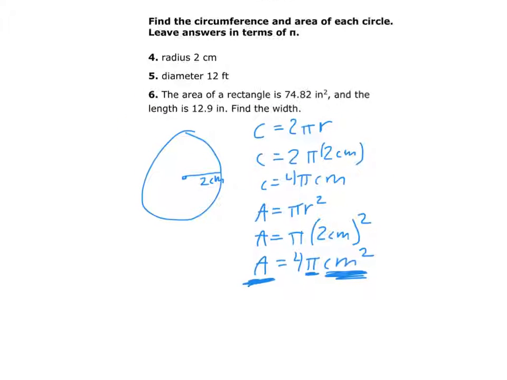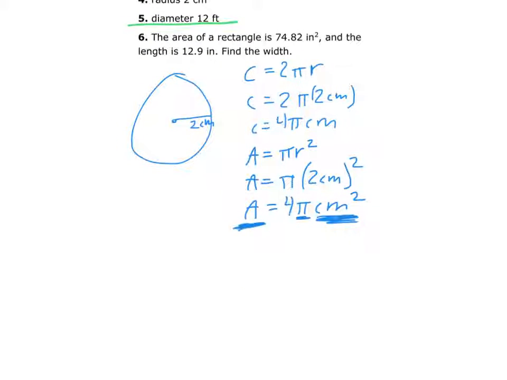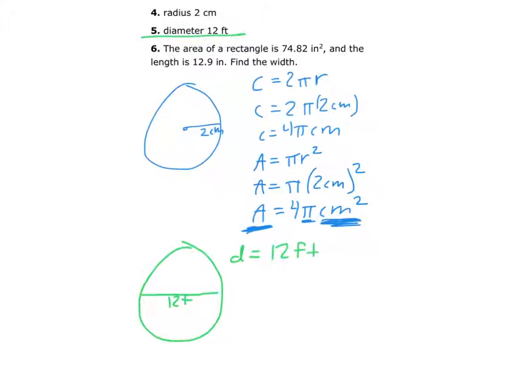So now let's look at number 5. So we have a circle with the diameter of 12 feet. If the diameter is equal to 12 feet, what would the radius be? 6 feet. So now let's find the circumference.